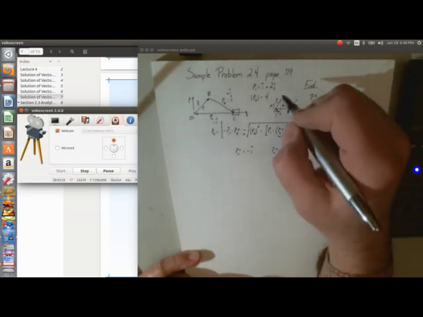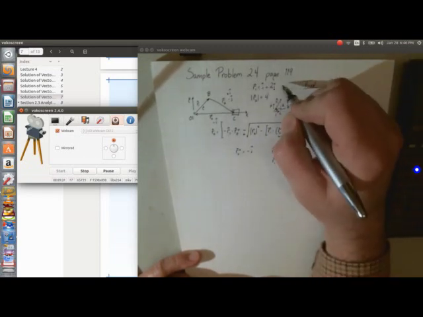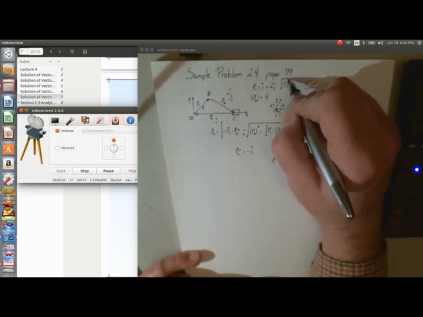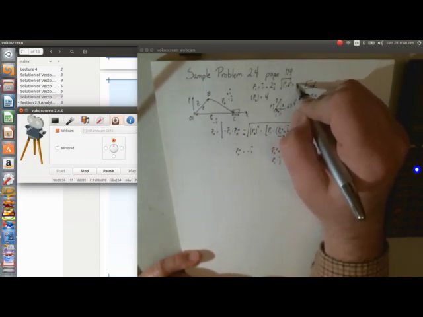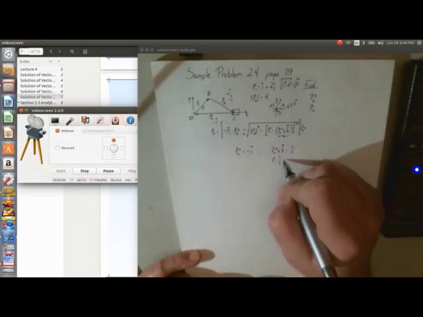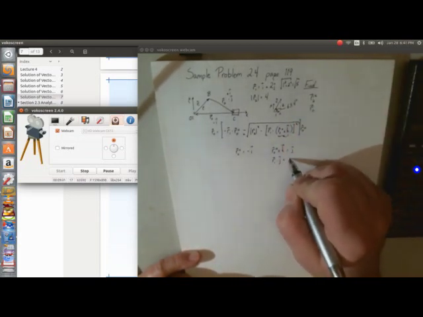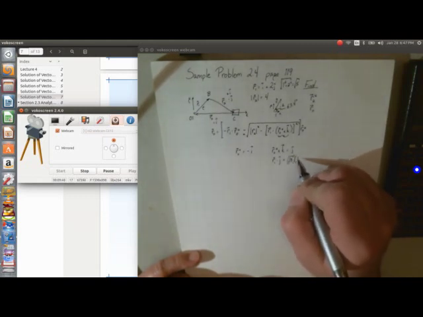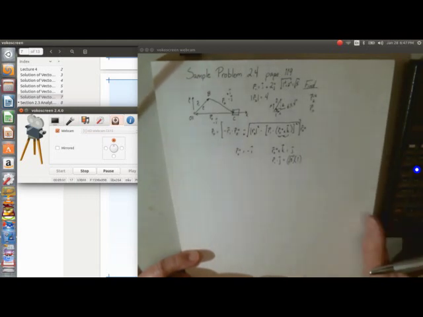So this magnitude would be 1 squared plus 2 squared square root, so the square root of 5. So this can be the square root of 5 for the magnitude of r sub 1 multiplied by 1 for the magnitude of the unit vector j.